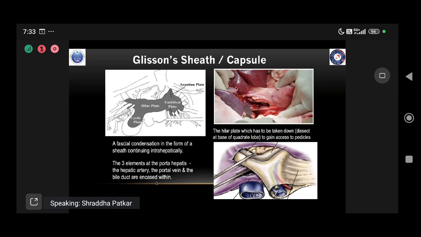So once we need to do a Glissonian approach, what we need to do is take this hilar plate down and en masse encircle these three structures. Sometimes this may be tricky because there are variations, and this may not always be an easy thing to do. We'll come to that a little later, and how we can troubleshoot this too.